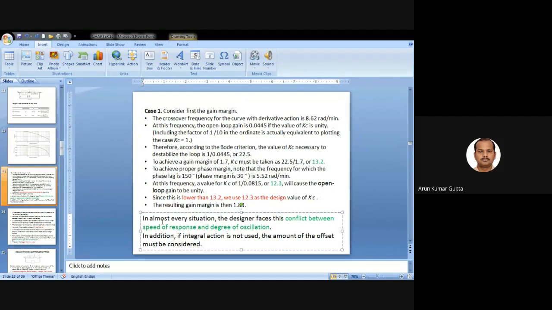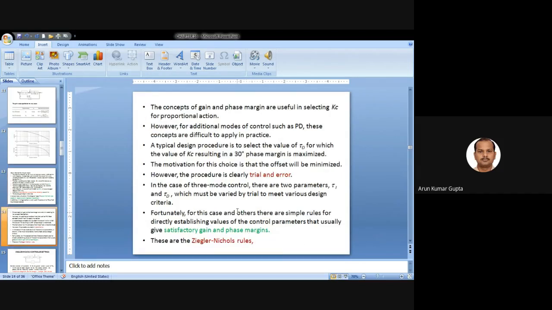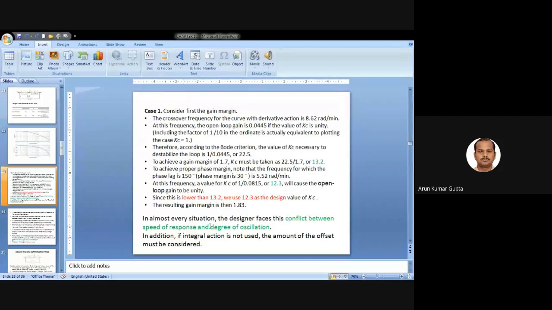We draw the conclusion that in almost every situation, the designer faces a conflict between the speed of response and the degree of oscillations. Even if you have integral action, that also increases the oscillations. If integral action is not used, offset must be considered. So this is also one conflict, because the speed of response means how quickly we reach the set point.